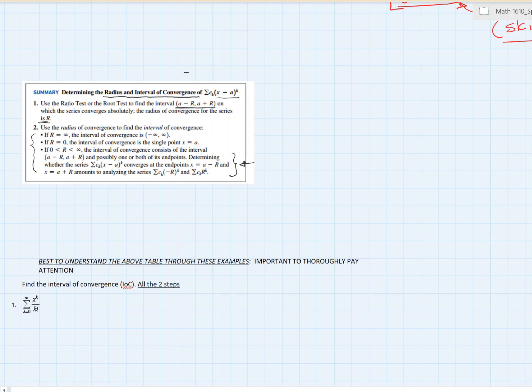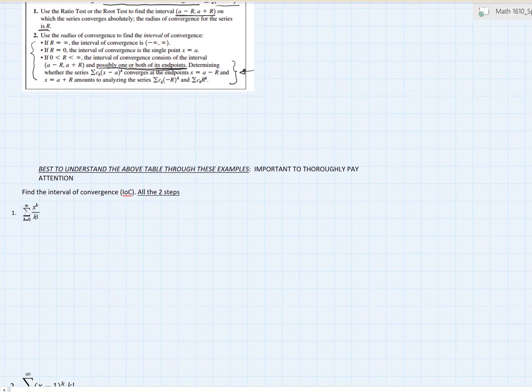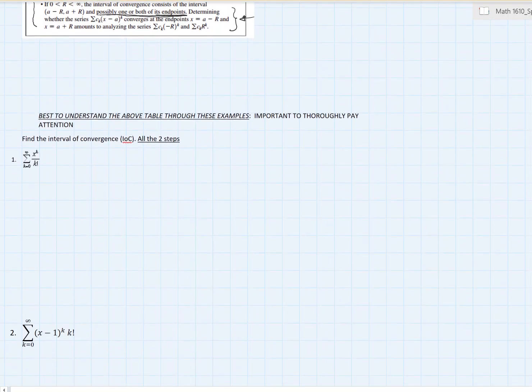So that's what he's talking about, that we have to check the endpoints. So you read this table slowly and carefully, and we'll see an example of each kind. So it's very important that you pay good attention to these examples.